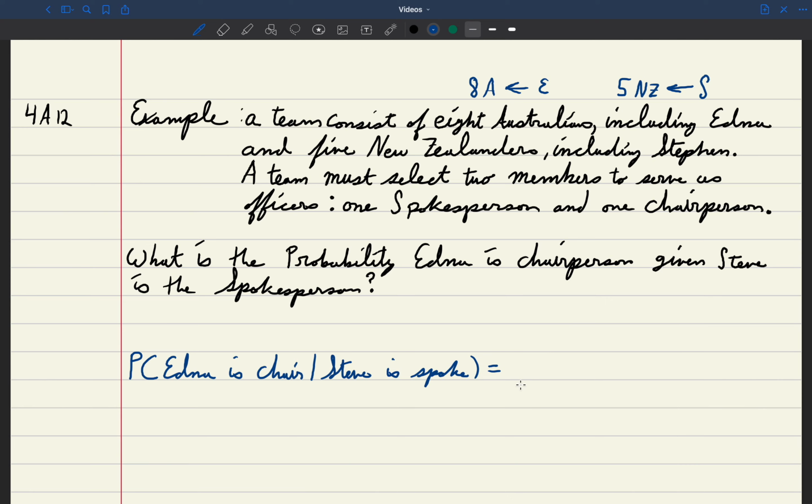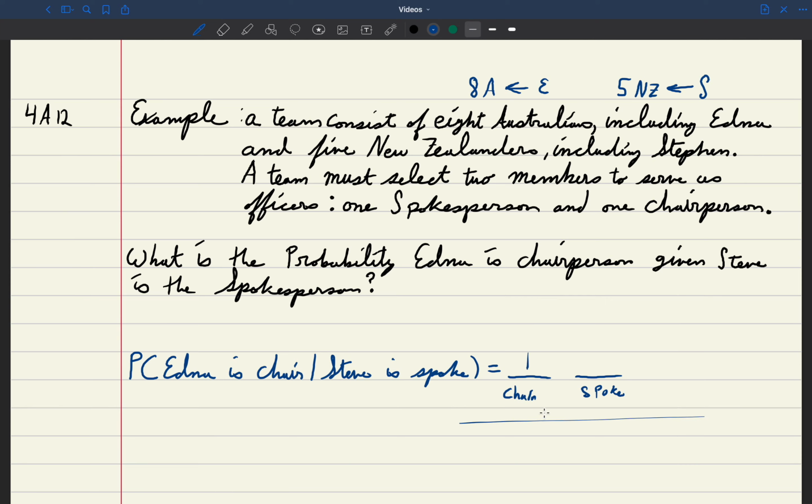Okay, so how do we do this? Well, we need to find the number of ways that Edna can be the chairperson and Steve can be the spokesperson. I'm going to show this through the multiplication principle, but you can do it other ways as well. But I think it'd be easiest to see through the multiplication principle. So say that this is the chair, and say that this is the spokesperson, and for the numerator, we are saying that Edna is the chair.